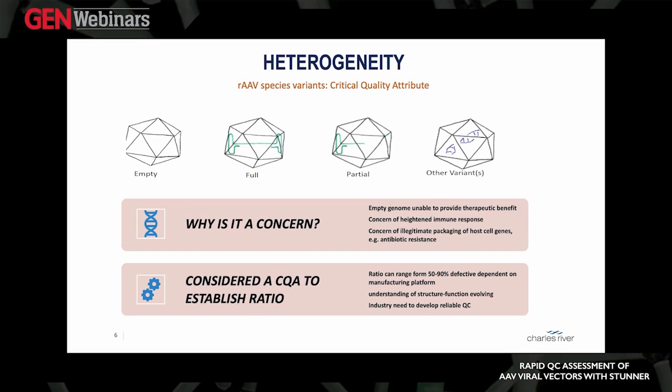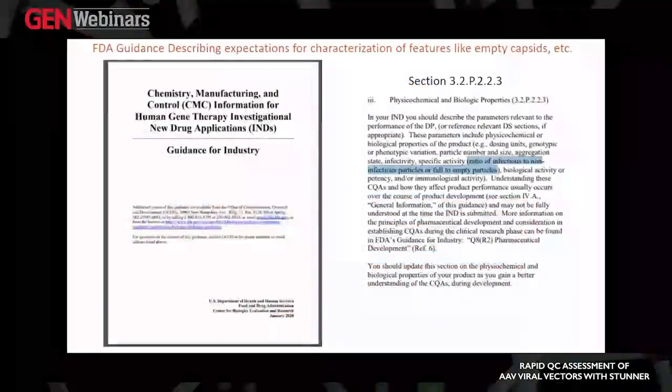Therefore, it's expected that this critical quality attribute, this CQA, that defines the percent ratio between full and empty particles in a batch is established. And that specification, that percent number, should be based on your risk assessment and data generated from product development runs, engineering, and manufacturing runs.